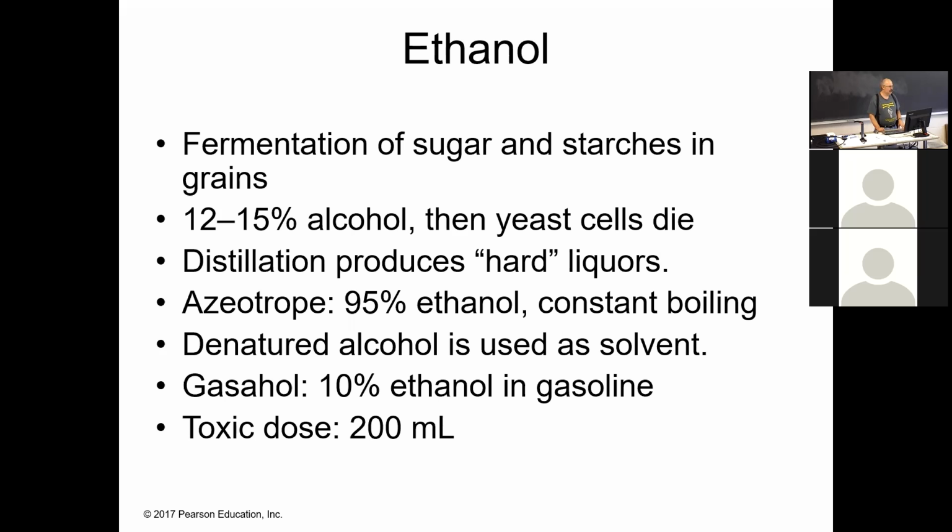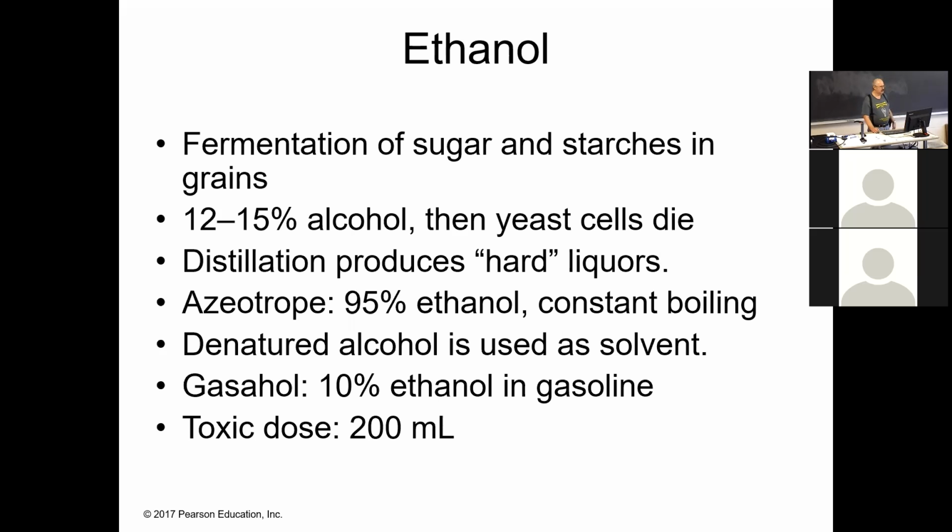Ethanol can be produced in a couple of different ways. One that's mentioned here is fermentation of sugar and starches. It can also be produced from ethylene that's obtained from natural gas and petroleum.